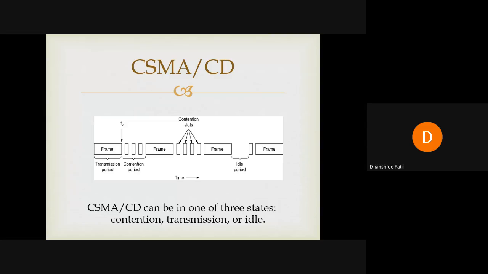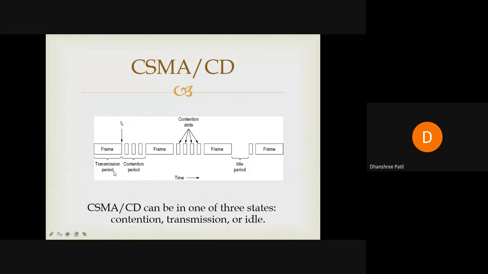Idle is the state where nothing is happening, neither transmission nor collision. And the transmission period is where the actual transmission of the frame is carried out.